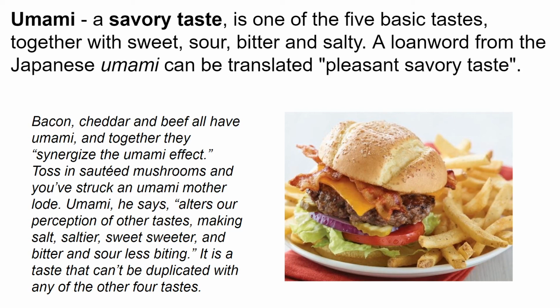The bacon, the cheddar, and the beef all have those savory tastes together. If you add in some other things, umami can alter our taste perceptions, making other things taste either saltier, sweeter, more bitter, or less sour tasting. You can't really duplicate umami with the other four tastes.